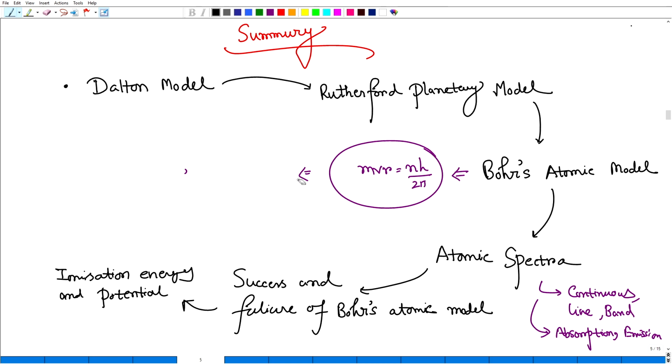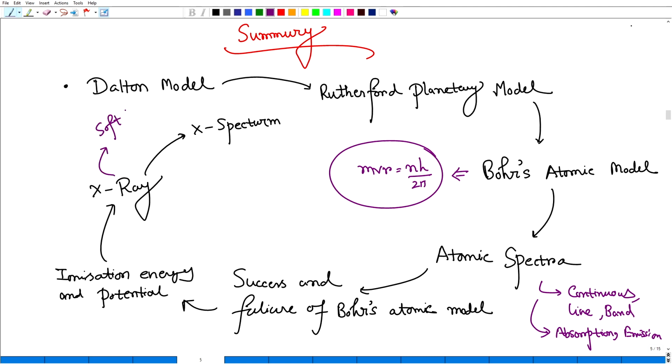That was also discussed, and at last we came into the X-rays part. We discussed the X-ray spectrum, and also the soft X-ray and hard X-ray. This is also important.